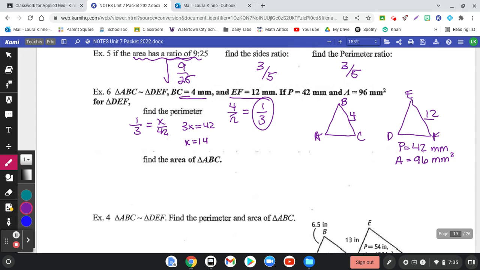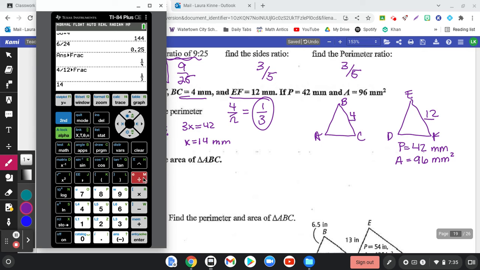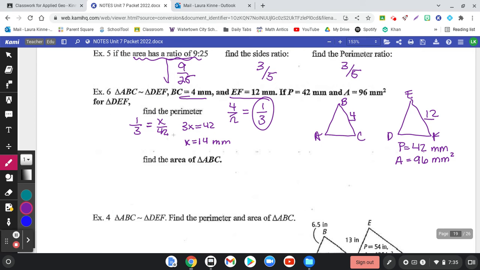So the perimeter for AC is going to be 14 millimeters, which makes sense because if you do 14 divided by 42, math, enter, enter, it simplifies to 1/3, the same thing.